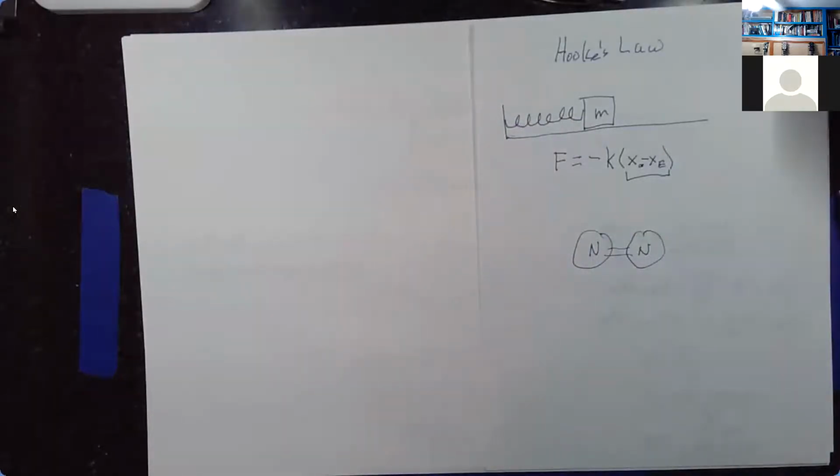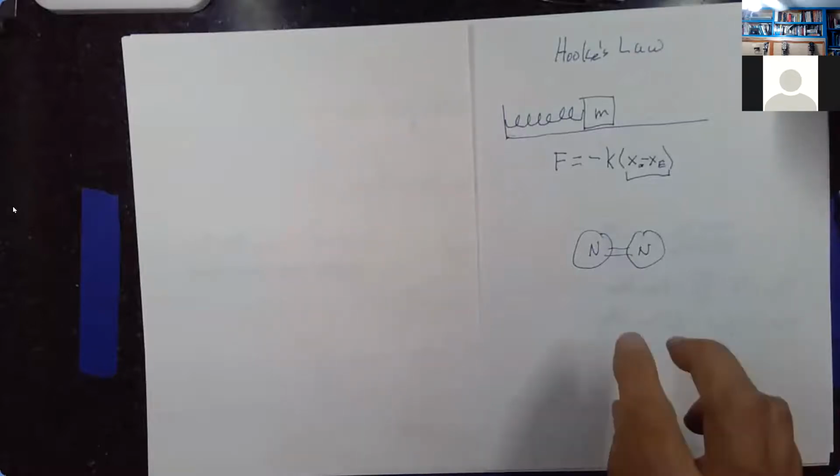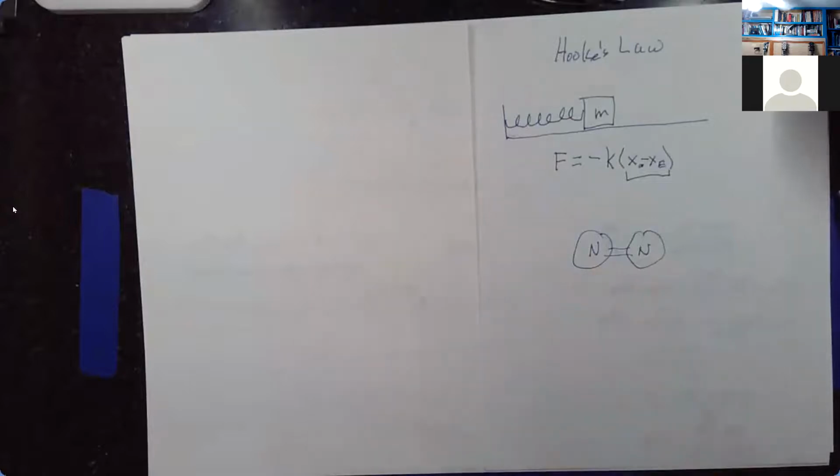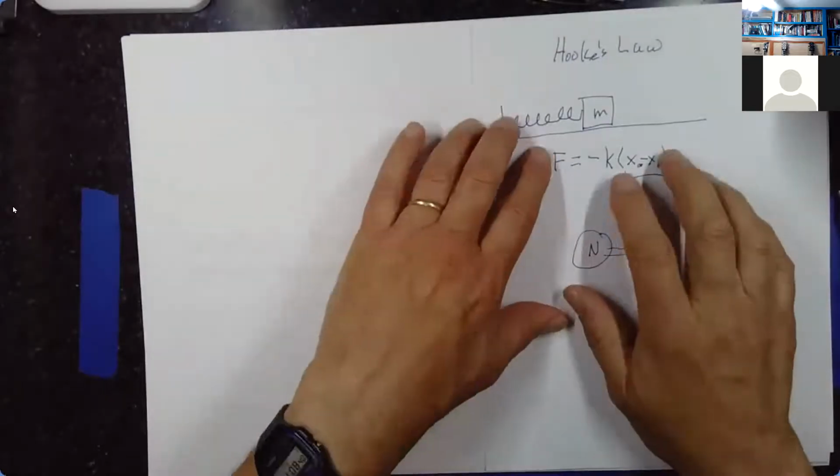And the molecule will give off some electromagnetic radiation that's characteristic of that particular vibration. And we can look for that out in space, say, if we're trying to find nitrogen in space. You can find all sorts of different things with this. But anyway, that's Hooke's law.